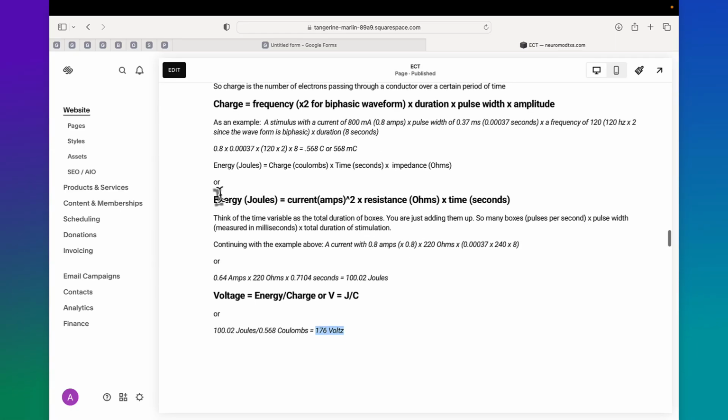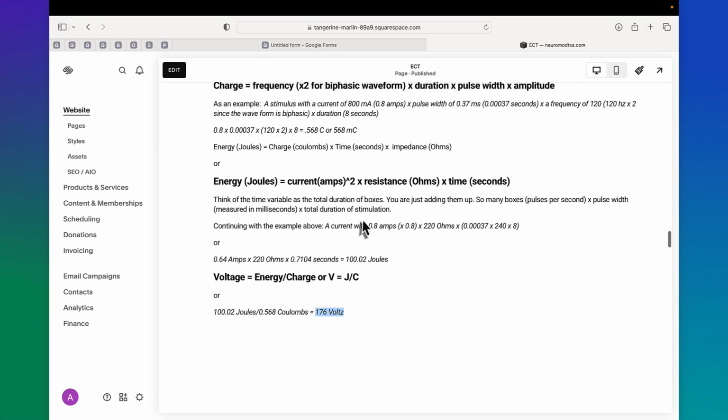Taking a step further, what about energy? That's measured in joules. That is simply the current, or the amperage, squared, times the resistance times time. So think of the time variable as the total duration of boxes. You're just adding all of them up. So many boxes per second with such and such a pulse width, measured in milliseconds, times the total duration of stimulation.